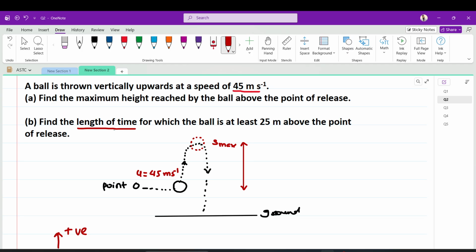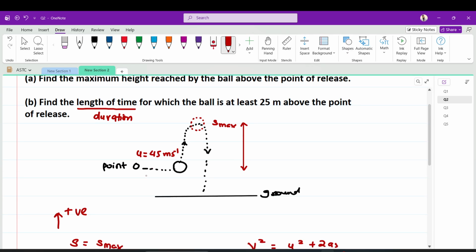When it says find the length of time, it means the duration: for how long was the ball above 25 meters from the point of release. So let me draw the diagram so that it becomes clear.